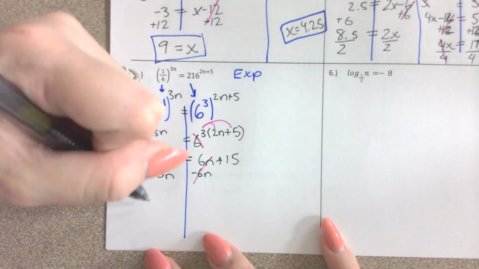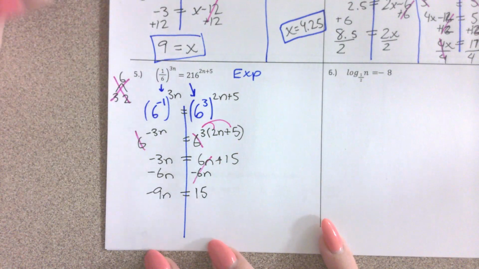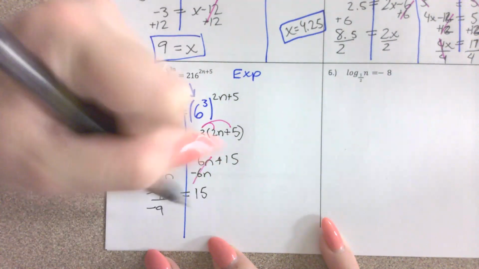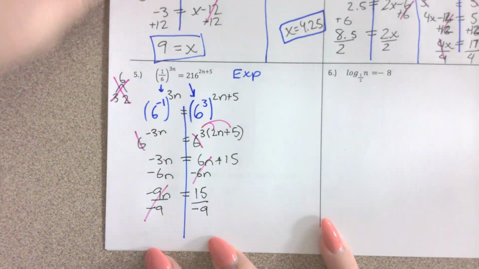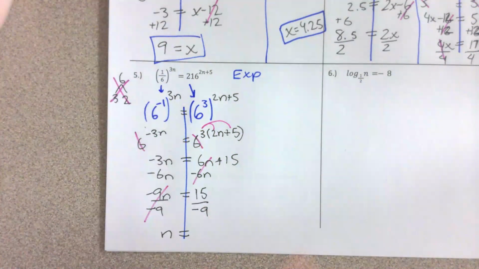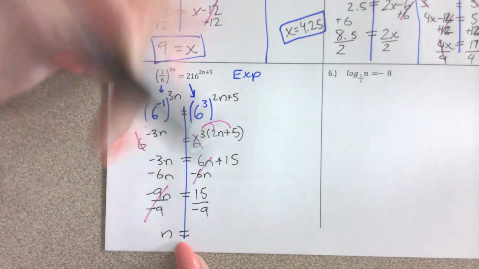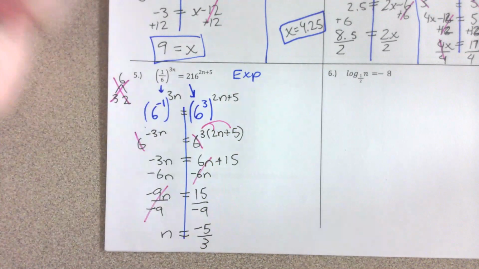Negative 3 minus 6, that is negative 9n equals 15. Divide by negative 9 on both sides. And let's go ahead and reduce that. We can divide top and bottom by a 3. So that becomes negative 5/3.